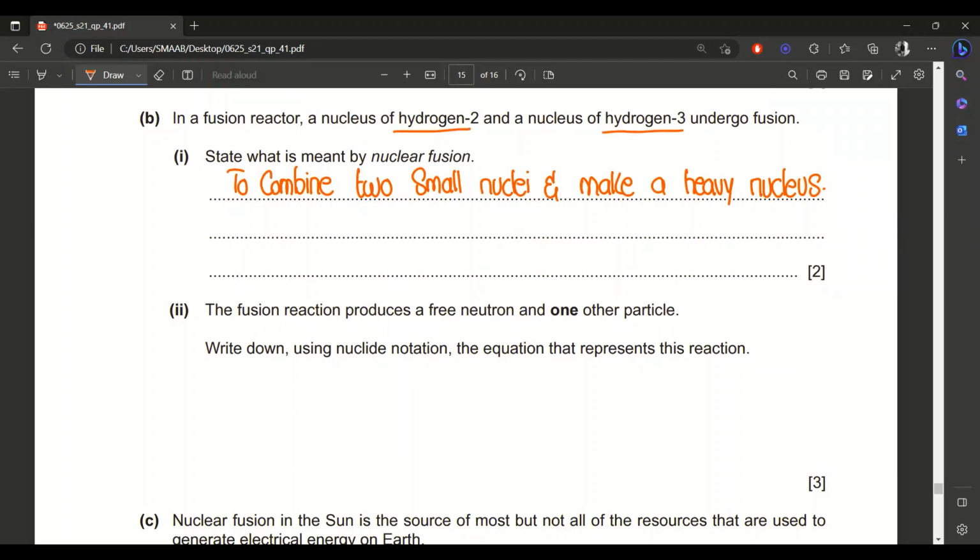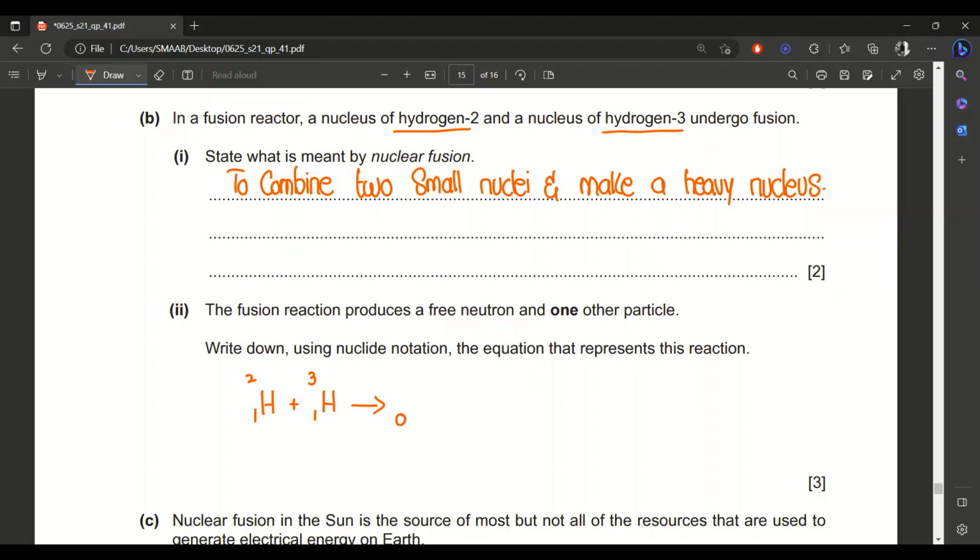So in the reactants we have 1H2 plus 1H3 because these are going to combine with each other, and the final products will be a free neutron and one other particle. So we are going to add a neutron over here.